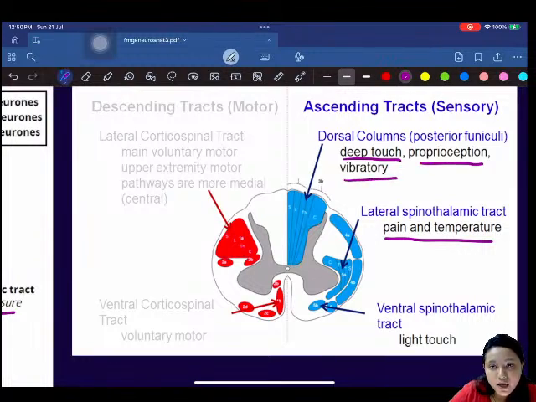So if they had asked about the dorsal or posterior fibers, it is deep touch, proprioception and vibration. For the lateral part, it is pain, temperature and touch. And these are mostly the second order neurons, which are going to cross in the anterior commissure.